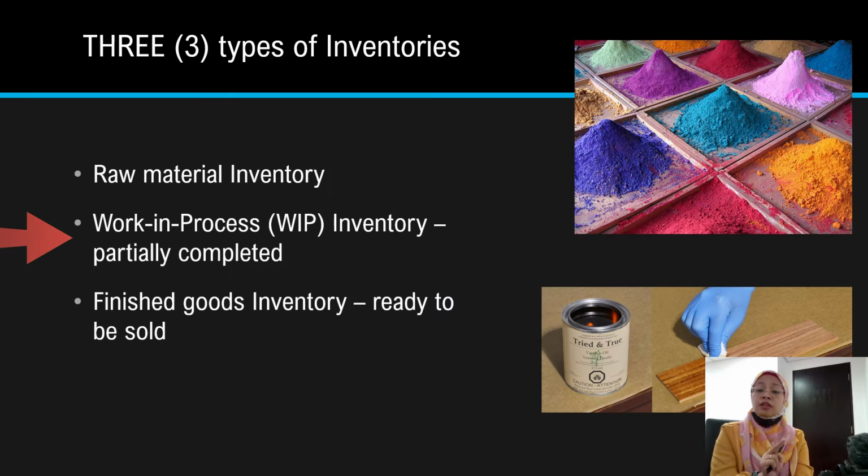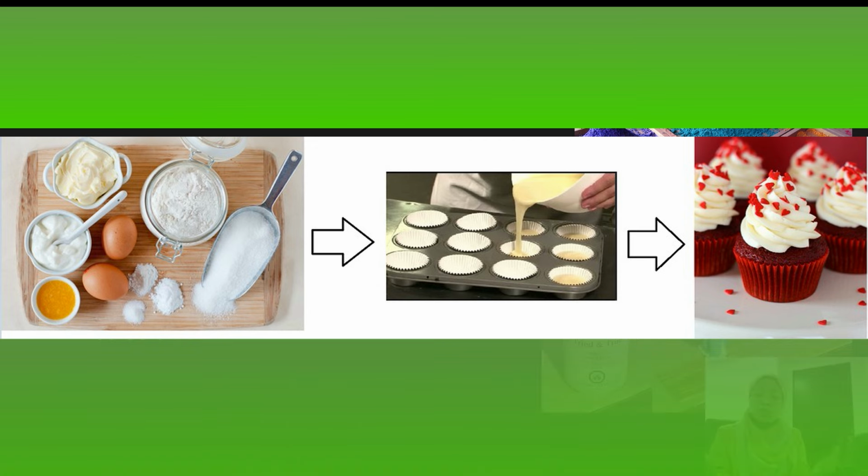Second type of inventories is WIP. WIP refers to work in process. Work in process means if it is the ingredient to make a cupcake, probably the ingredient has been mixed inside the mixture and become the mix and is ready to be put inside the oven and bake.